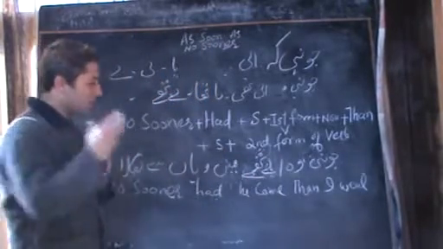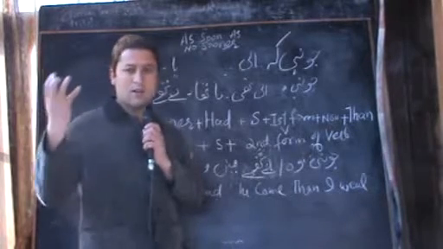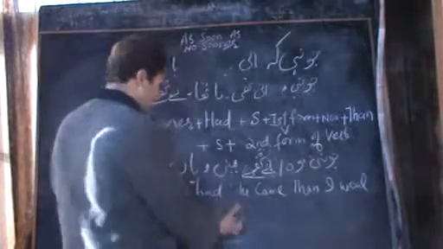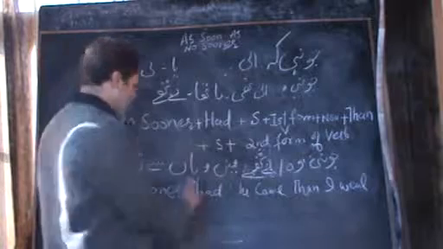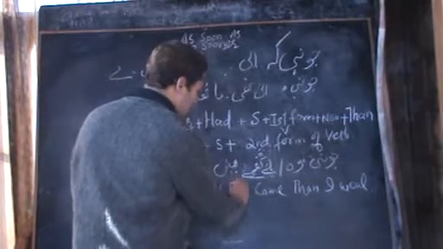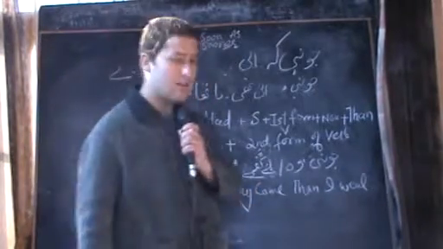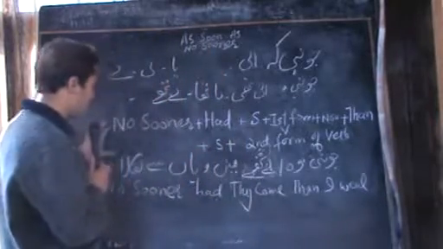So this is a third person plural, and it can be feminine, it can be masculine, it can be a common gender. So Juhi wo aaye the, मैं वहाँ से निकला. So no sooner had they come, than I went. So this is also the way you can translate.